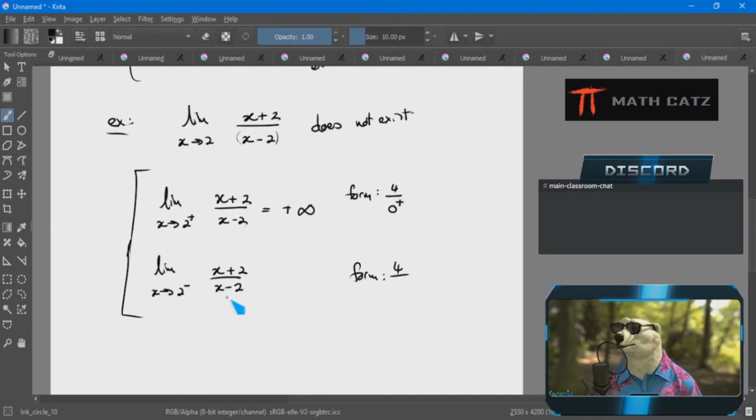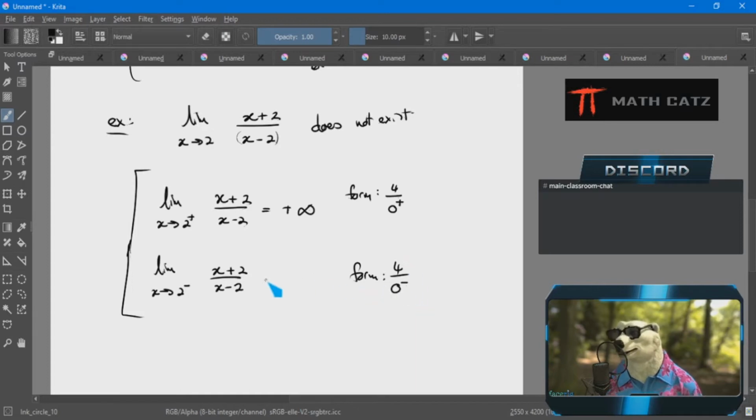When x gets close to 2, the denominator still wants to go to 0, but now in a more specific way. x is always to the left of 2. So 1.9, 1.99, 1.999. Then minus 2 is going to give me a little negative number. The direction that those numbers are going is getting closer to 0, but they're always negative.